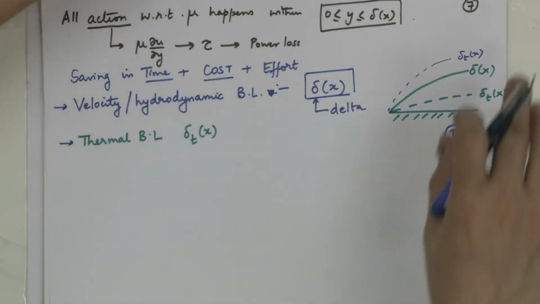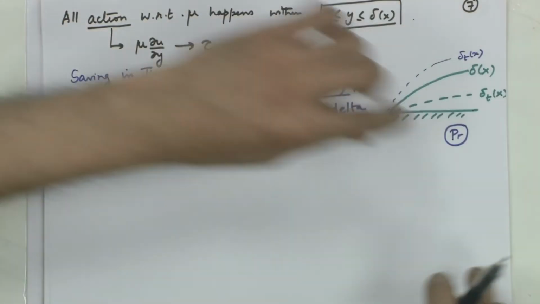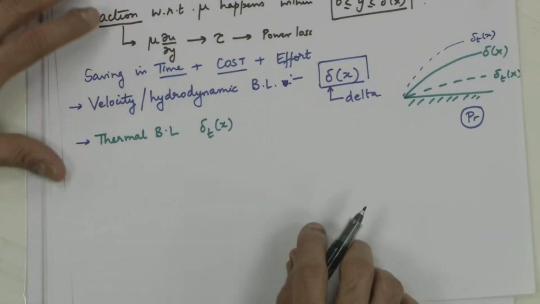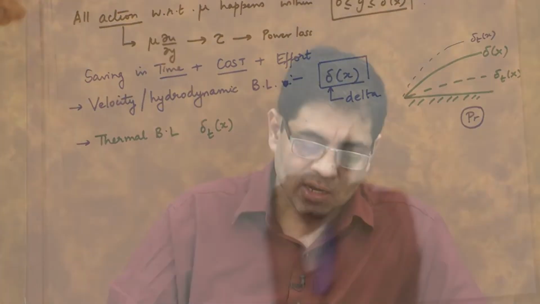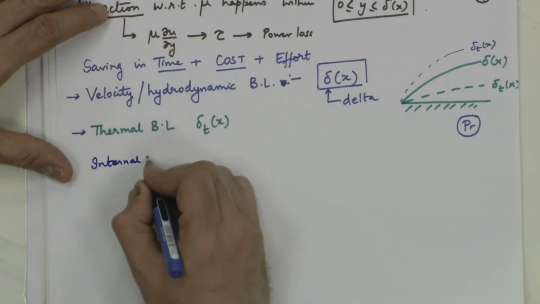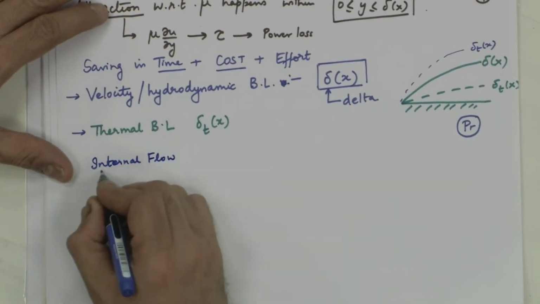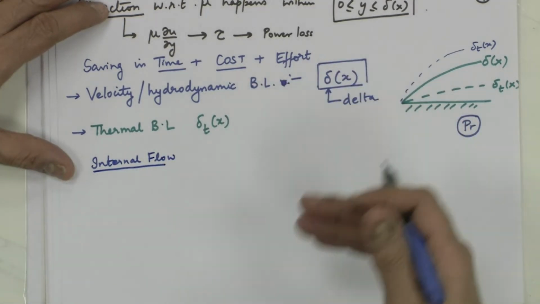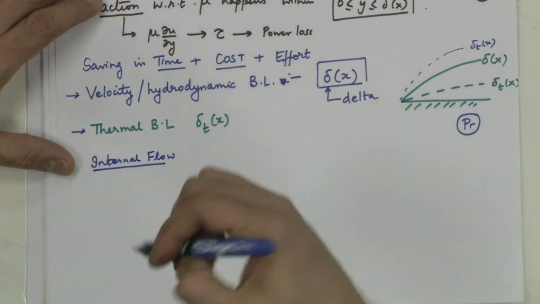Now, having understood what this boundary layer business is, let us translate our understanding of boundary layer for external flow to what happens in an internal flow situation. Internal flow consists of a confining wall or solid surface all around the flow.